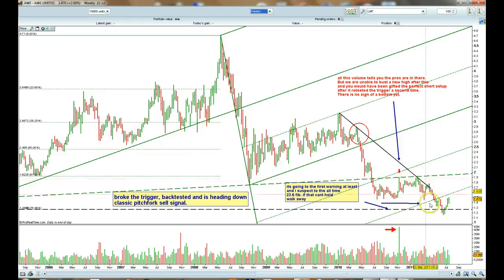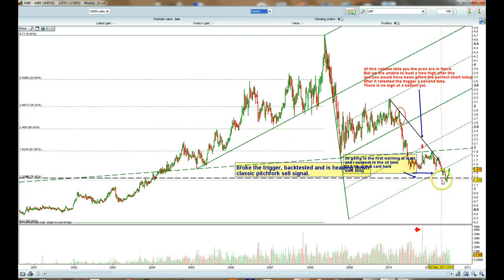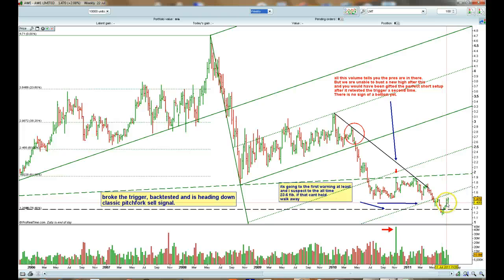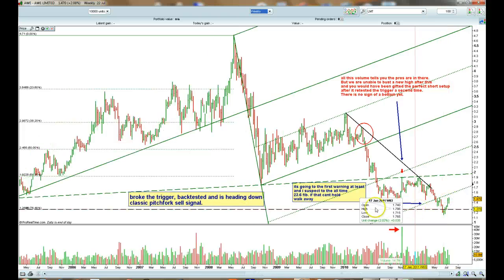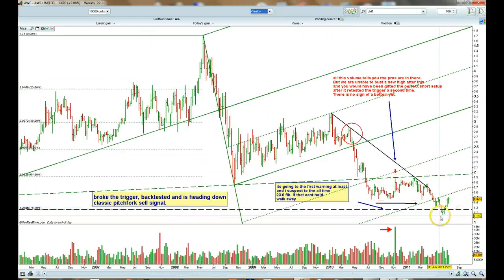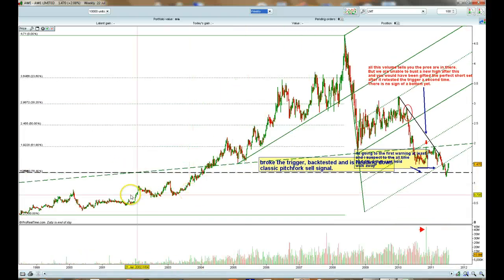No sign of a bottom yet. Going to the first warning, which it's done already, broken. What's this line here? I've got the overall 76.4 fib, which it seems to have bounced off. I'm trying to look for if there's any significant volume over here. I mean, there's nothing.